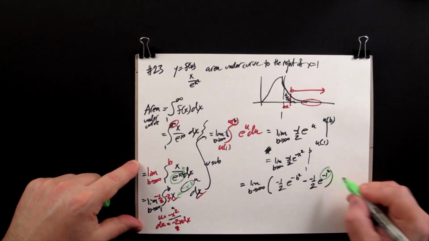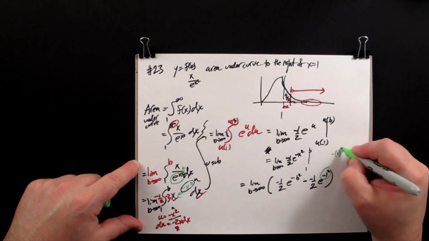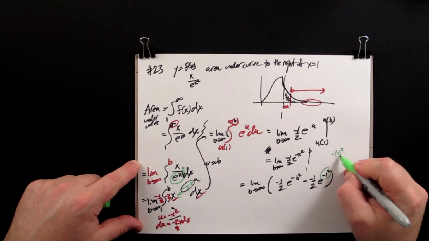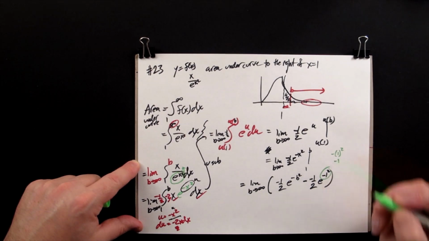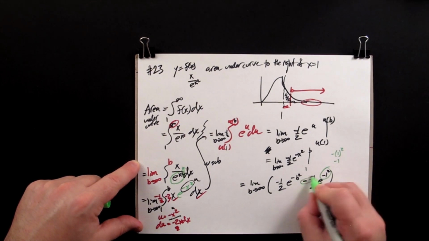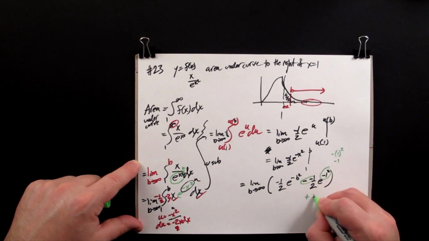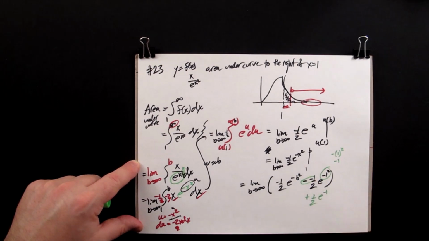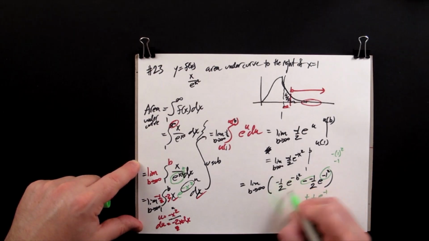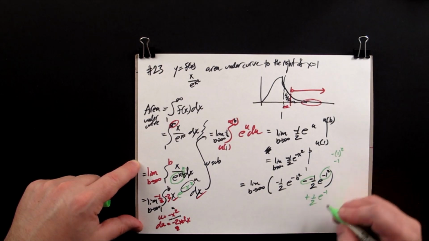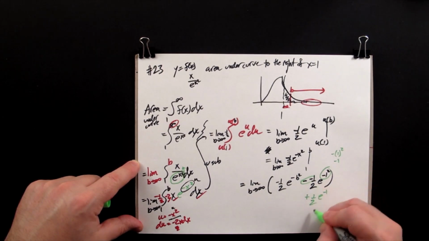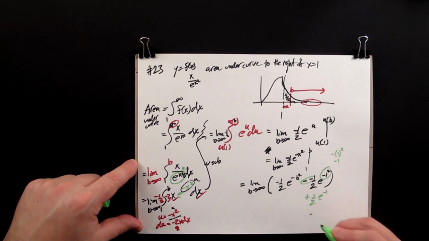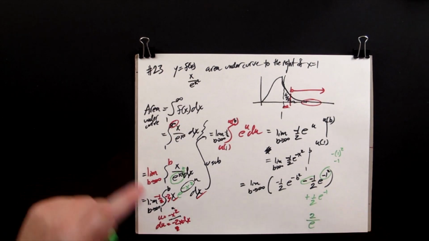So minus 1, so this is minus 1 squared. So 1 squared is 1, and then we have a minus there. So that's positive. So we have one half times e to the minus 1, so this term will be 1 over 2e.